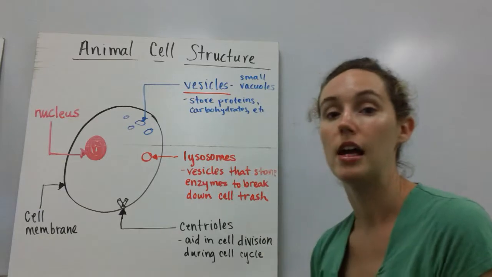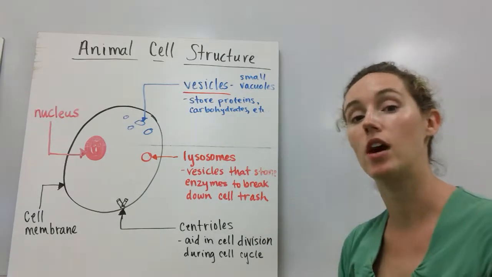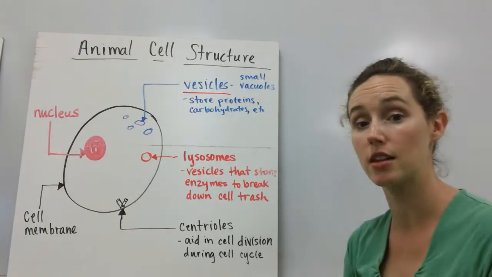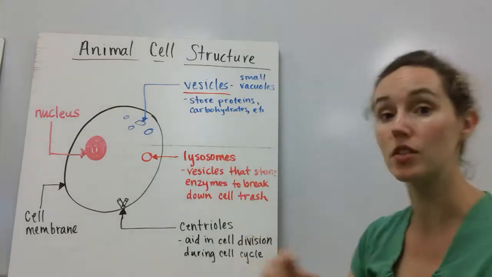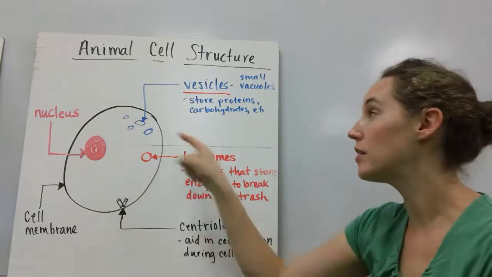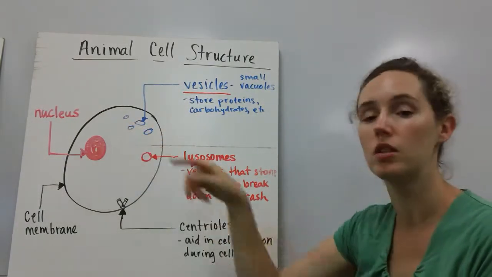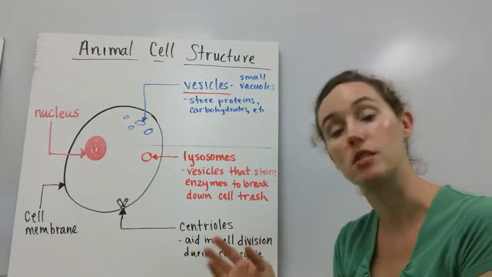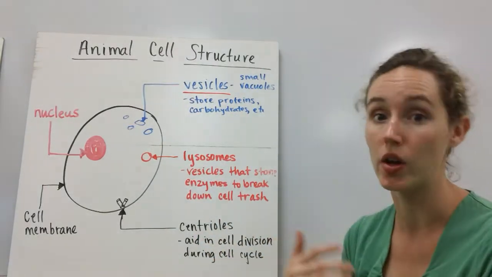Alternately, animal cells have other specific structures that are unique to them. Instead of a large central vacuole, they have smaller vesicles that will hold carbohydrates, some proteins, some water, and things like that.